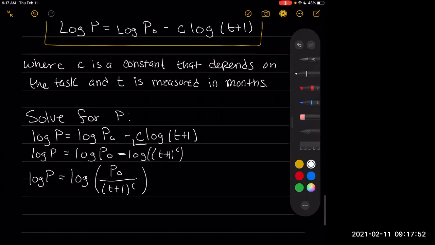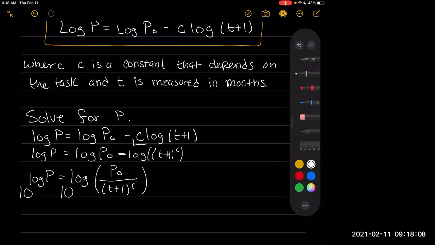All right, and now we can exponentiate both sides. Since this is log base 10, what we're theoretically doing is raising both sides, having everything be the exponent of 10.